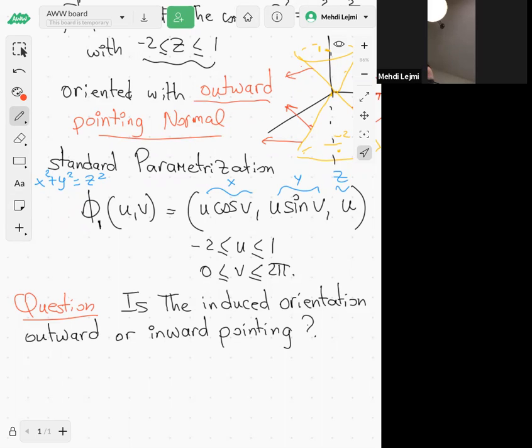So if it's inward, you have to fix it. You need to change it to outward.